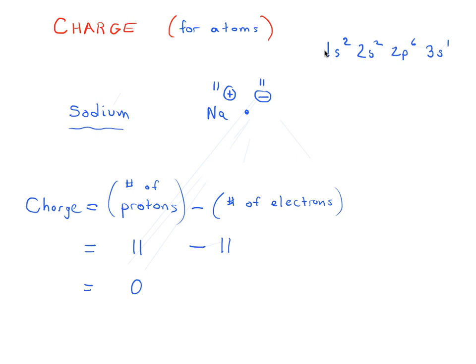All of these electrons in these inner orbitals are not going to change. This is what we sometimes call a noble gas electron configuration, and this one electron in the 3s1 we say is the valence electron.